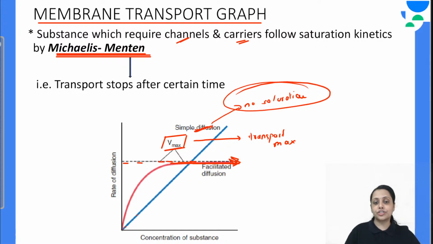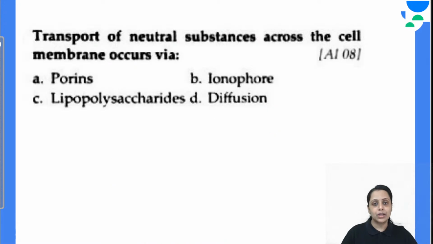So moving further to some important questions. First question: transport of a neutral substance across the cell membrane occurs via porins, ionophores, lipopolysaccharides, or diffusion. Everybody answer this question.